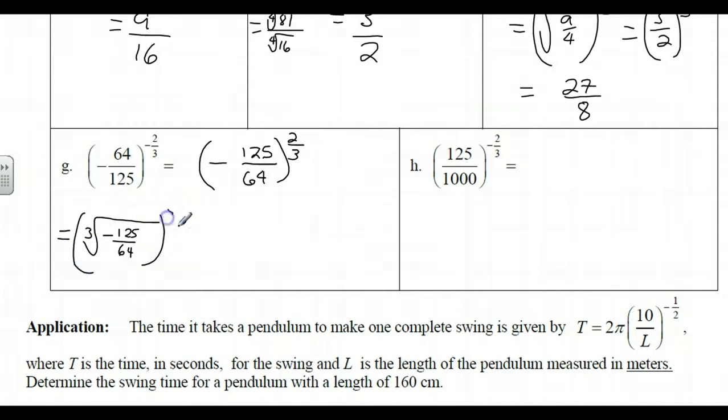And then we're going to square that. So the cube root of that is 5 over 4. Okay, and it's actually negative 5 over 4, right? Cube root of a negative is a negative, squared, which becomes positive now, 25 over 16.